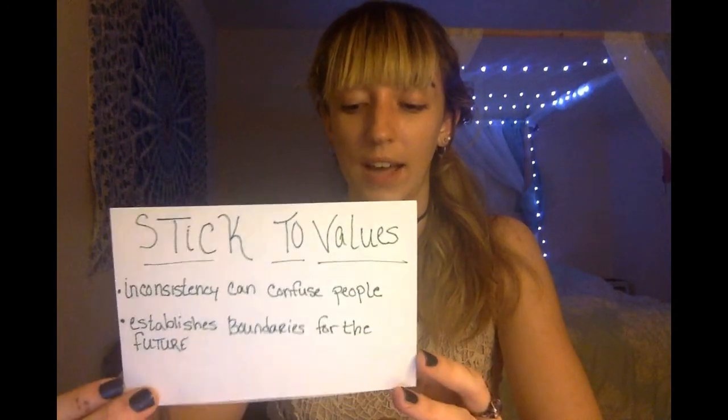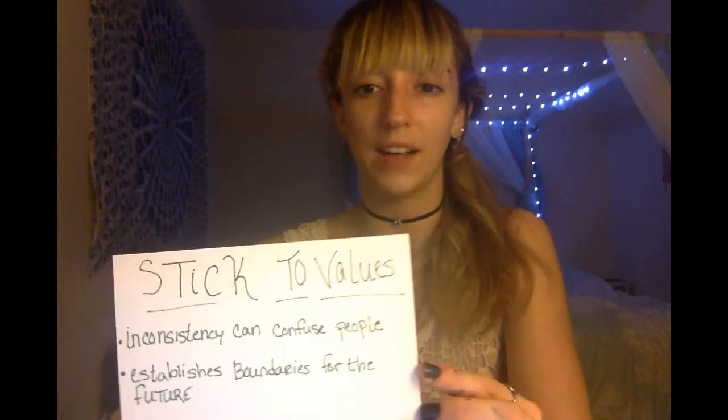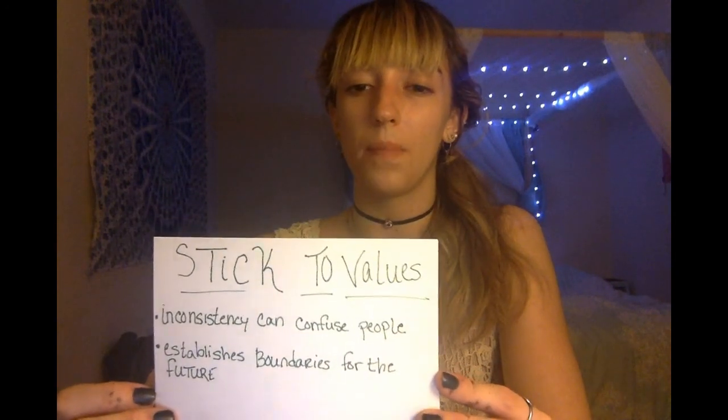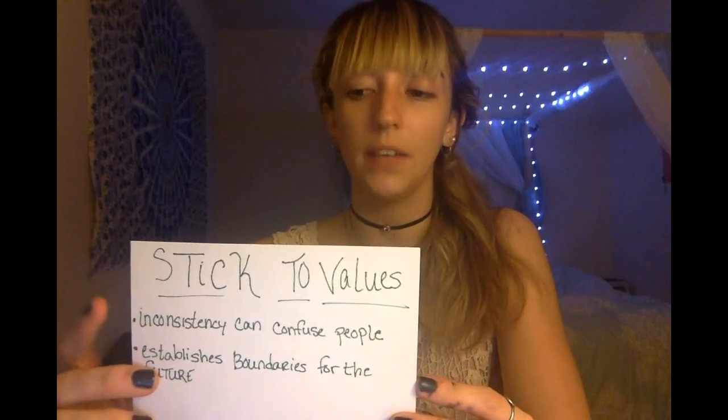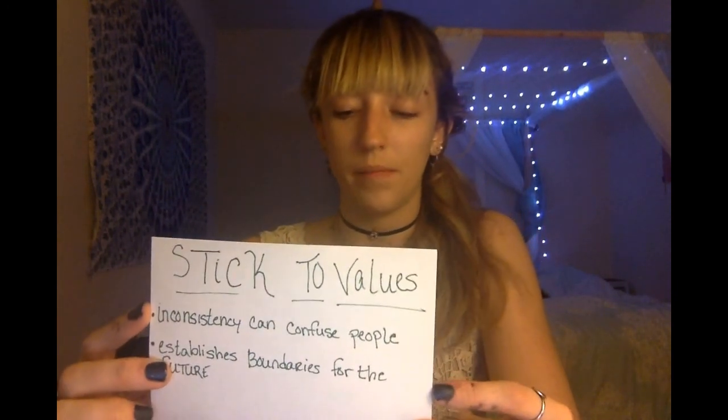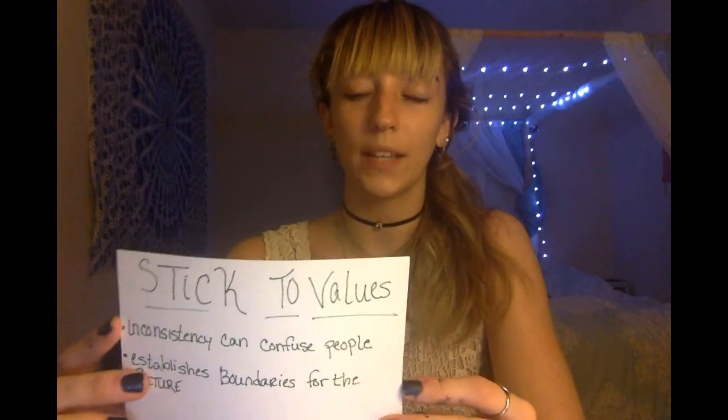So sticking to your values is the next S in the FAST. So again, I think this is kind of a matter of boundaries and consistency and being truthful, which we'll get to.